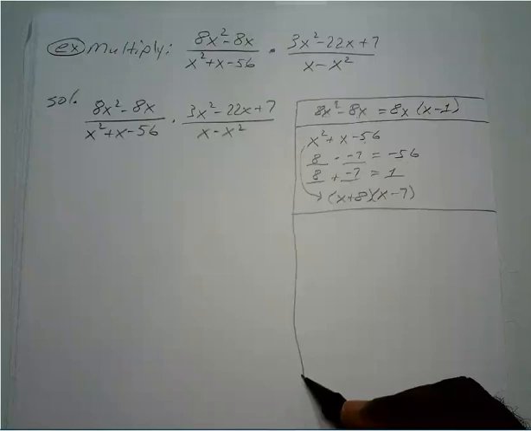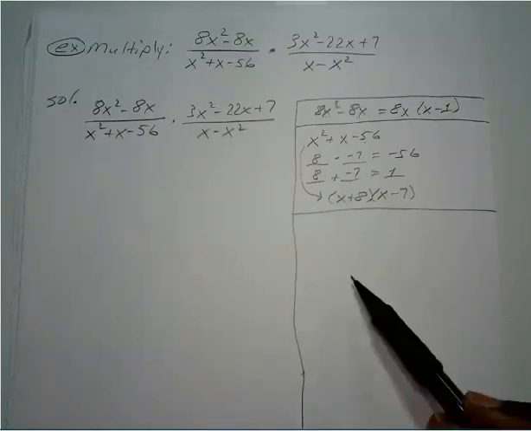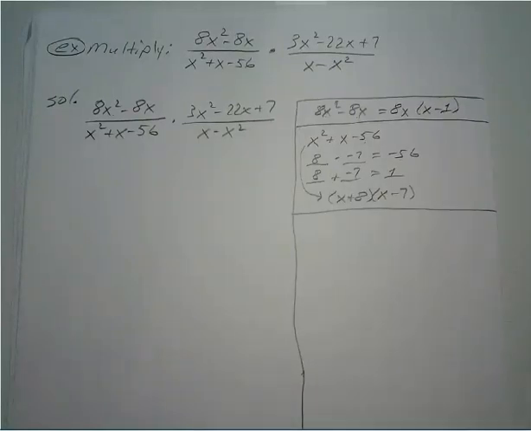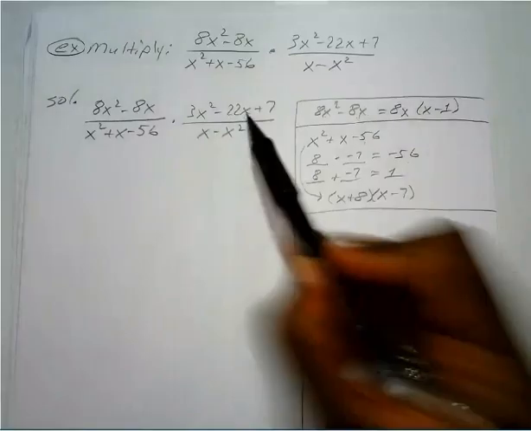Okay, so usually in your factoring, the ones that require the a times c method will be your really time-consuming portion of the problem. So that's where this one comes in. That's our a times c method.